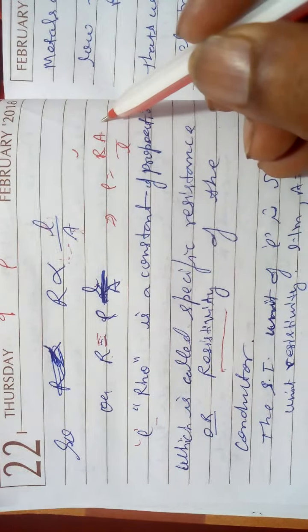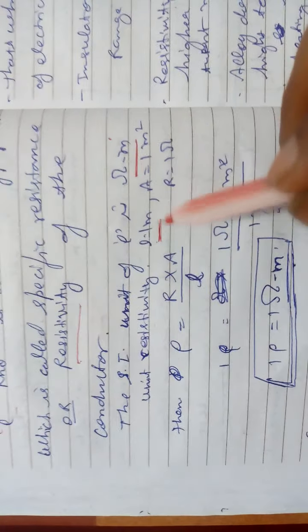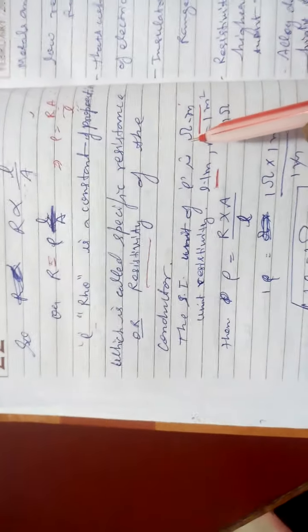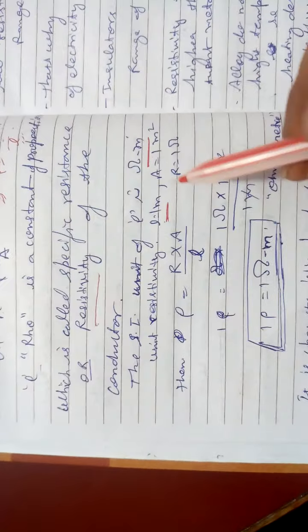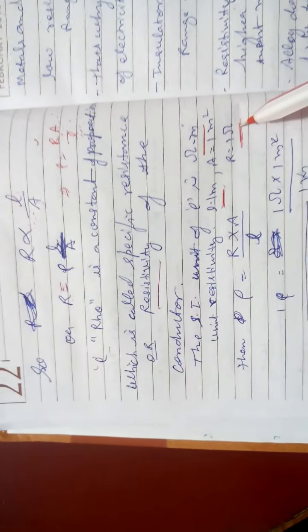This is the unit of resistivity by calculation. How do you define 1 ohm meter? Resistivity is 1 ohm meter when a wire of length 1 meter and area of cross section 1 meter square has a resistance of 1 ohm.